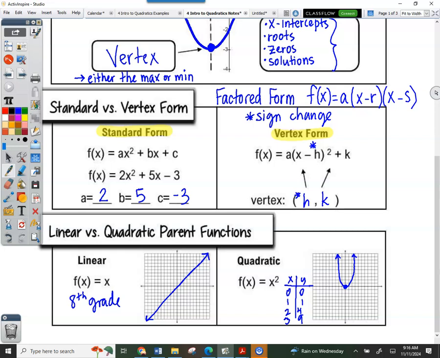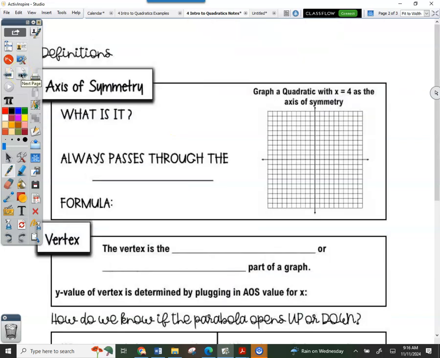We're going to take this and we're going to start practicing graphing it, talking about the characteristics of the graph, talking about where's the axis of symmetry, why does it always pass through the vertex, and how do you find it? So let's fill this in. Where's the axis of symmetry? Or what is it?